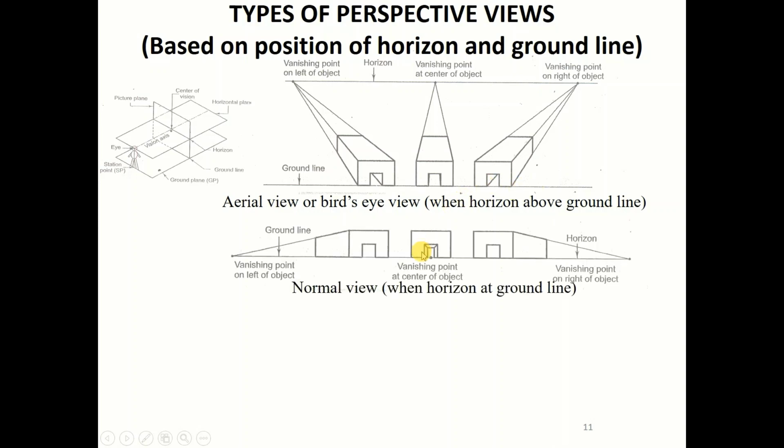Now this is a second case in which the eye level and the ground line are at the same level. In this case you can see the same object: the front face, the left face, but the top face is not available because the eye level of the observer and the feet level are at the same position.